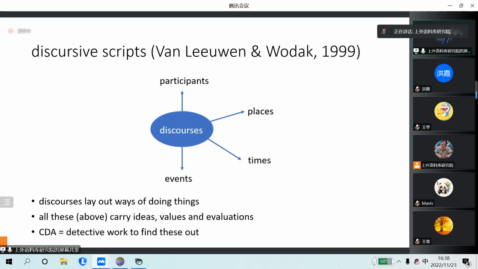So in the instance of communication, such as a post on Weibo or a post on, what's it called again? Instagram. Little Red Book. There you go. Yeah. They all have these scripts, but they might not be immediately apparent. So we can use CDA to do the detective work of finding these out.